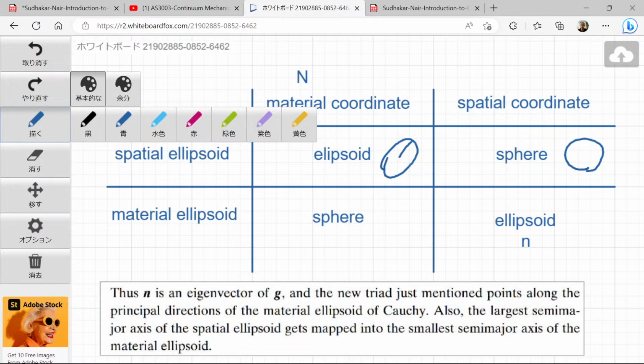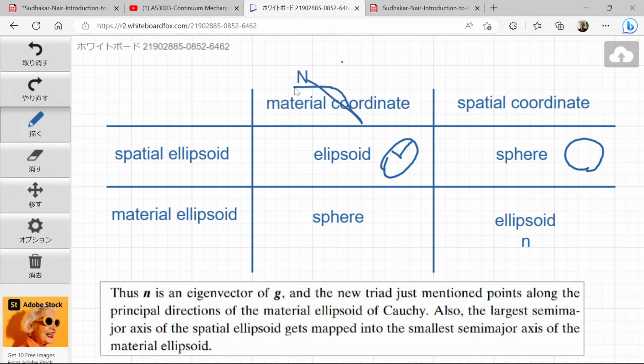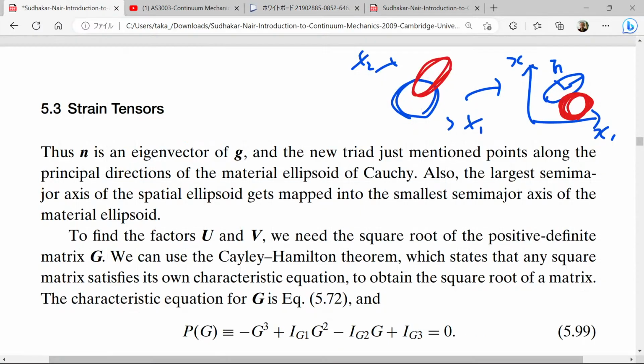Then there is a principal axis which was called N. Ah, yeah. So now, probably okay.